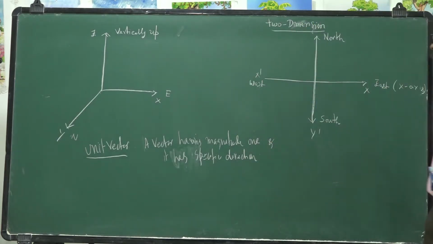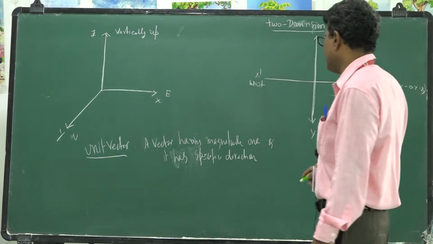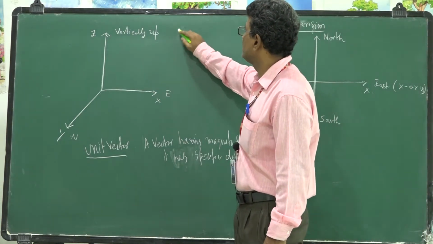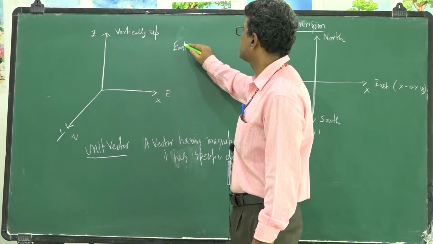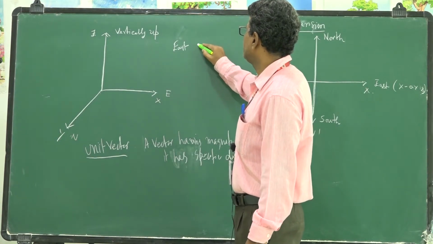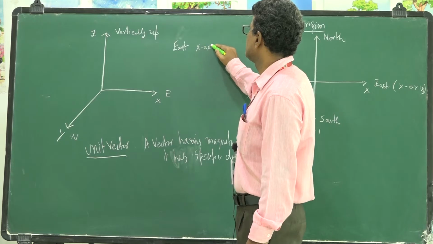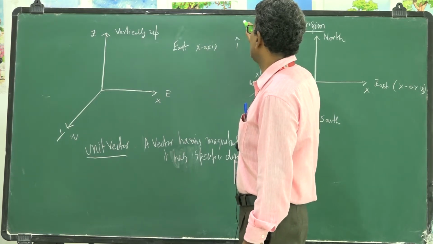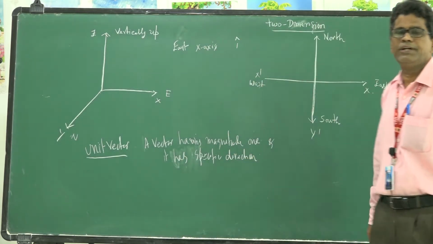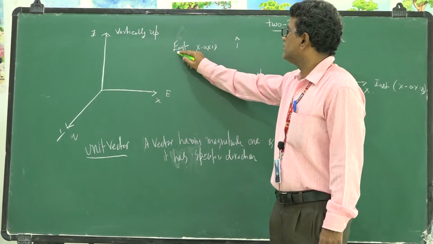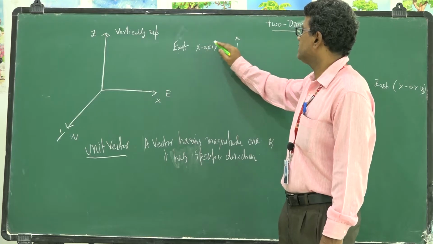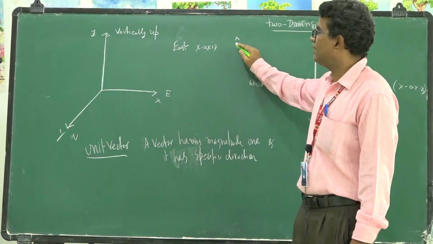So here, east we can represent with the x-axis, and it is represented with the i cap unit vector. What is i cap?